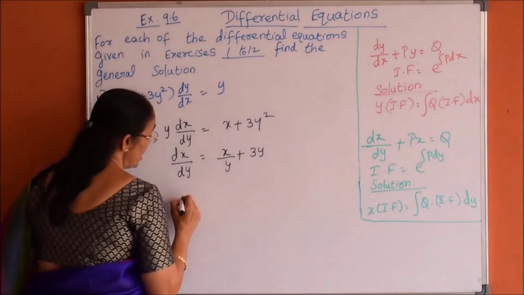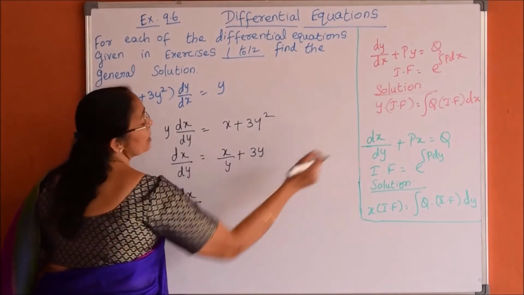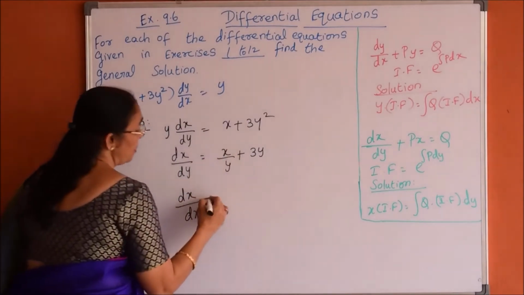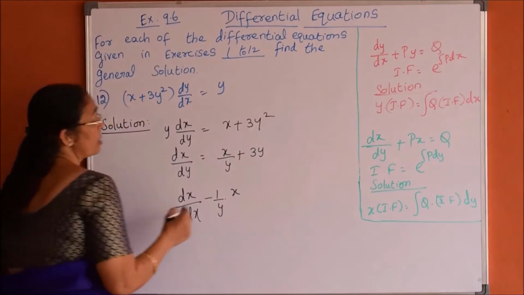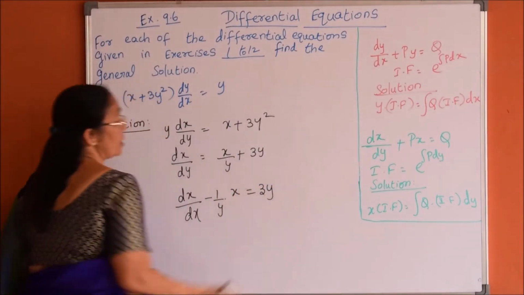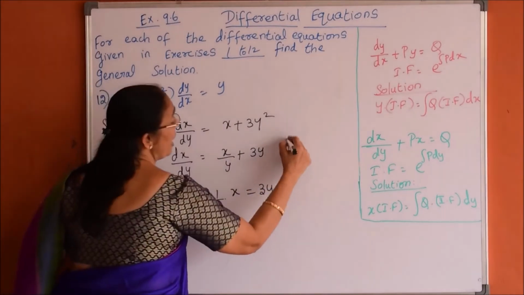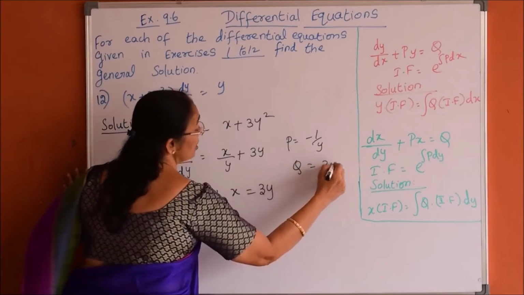Or we can rearrange and write this one as dx by dy plus p into x, so p is minus 1 by y, minus 1 by y into x is equal to q function. Q is a function of y, 3y. So, p value is minus 1 by y and q value is 3y.